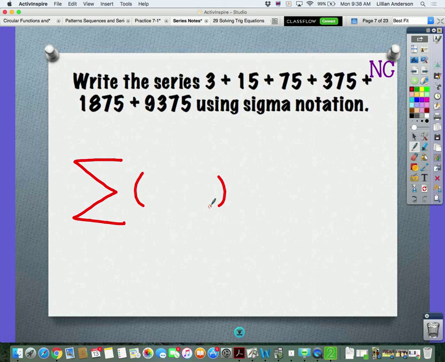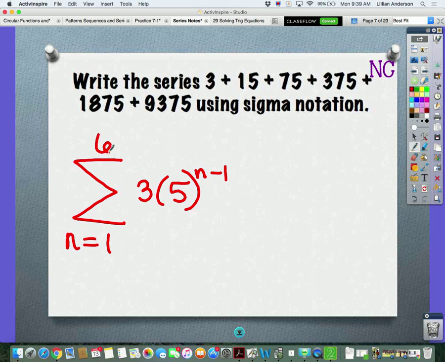So we need our first term, which is 3, our common ratio of 5, raised to the n minus 1, where n starts at 1, the first term. Think about it: we plug in 1 minus 1 is 0, 5 to the 0 power is 1, 1 times 3 is 3, and it goes all the way up to what? 6. And there we go.